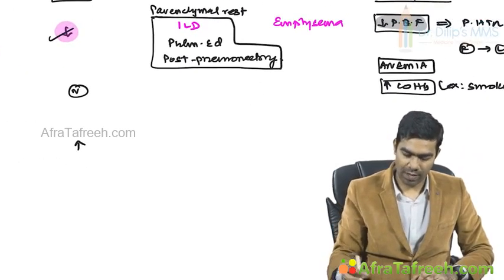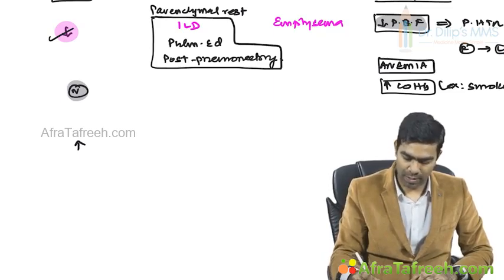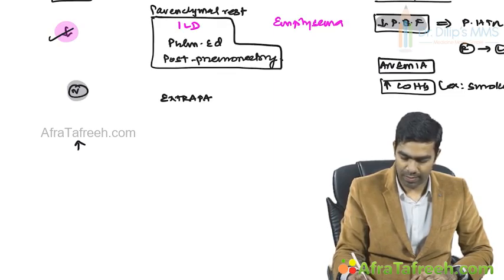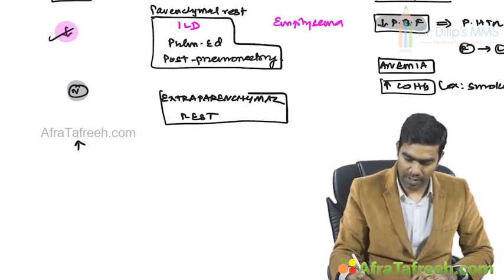What are the conditions where you can have a normal DLCO, but you can have a restrictive lung disease? Yes, definitely possible, especially when you have an extraparenchymal restriction. So what do you mean by extraparenchymal restriction?